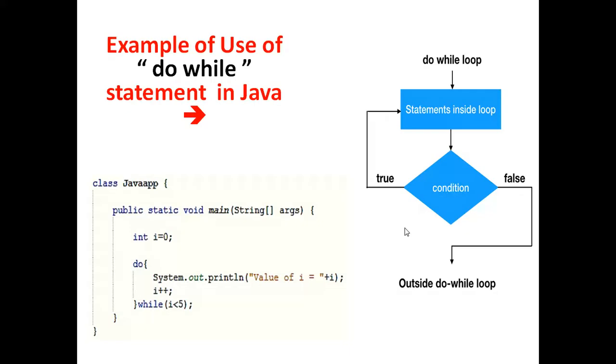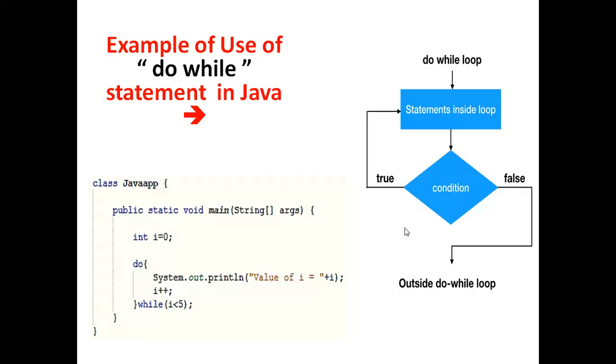Now it will be incremented and become 1. Afterwards, again the while condition will be checked. i, that is 1, is less than 5. Yes, it is true. It will again execute this body part and now i will be incremented and become 2. And this will go on continuously until the condition of the while loop becomes false.